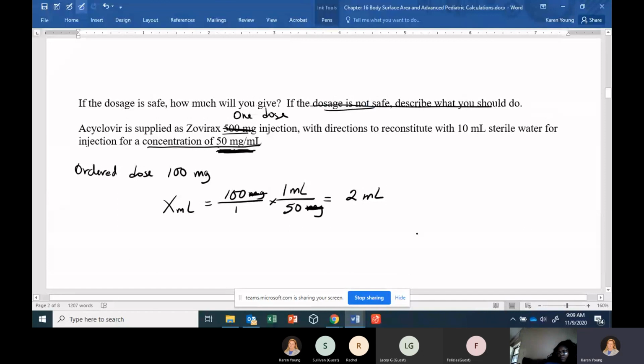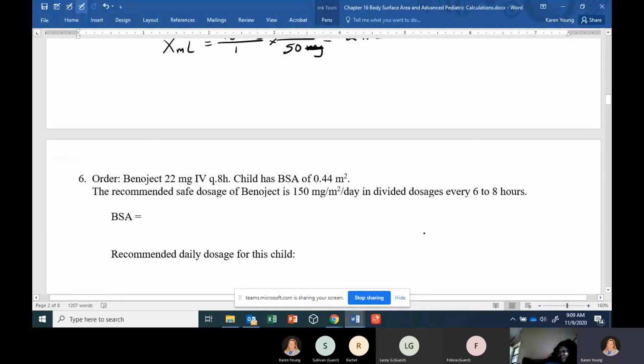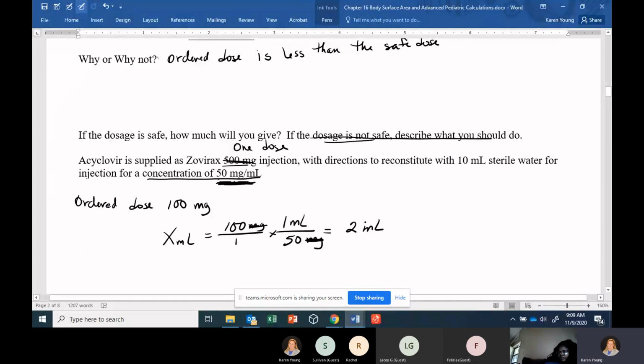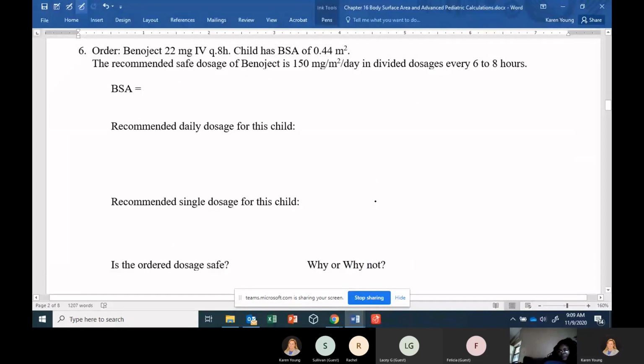I think I want to stop there because the next one goes to per day, milligrams per meter squared per day. And I think I want to stop here because we were doing so good. And we'll pick up with number 6 next Monday.